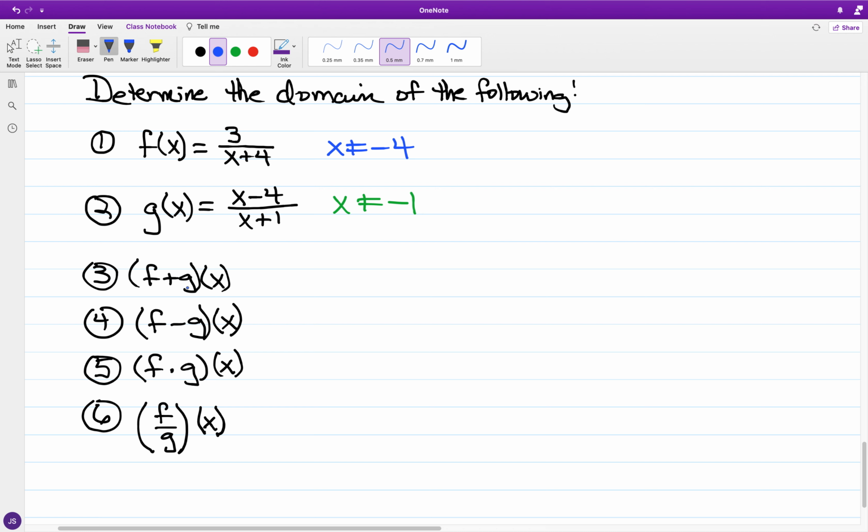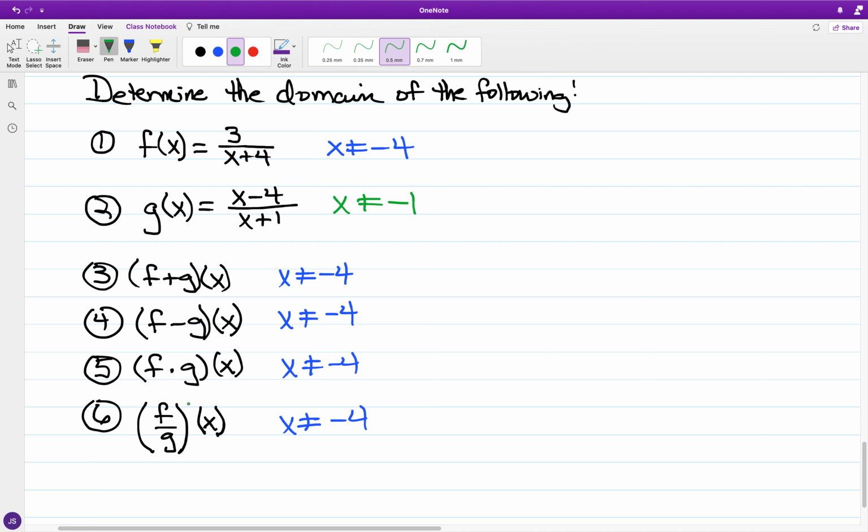Now for the sum, difference, product, and quotient functions. Again, I'm working with f of x, and to be able to work with f of x, x cannot be negative 4. And because all four of these operations are also working with g of x, guess what?